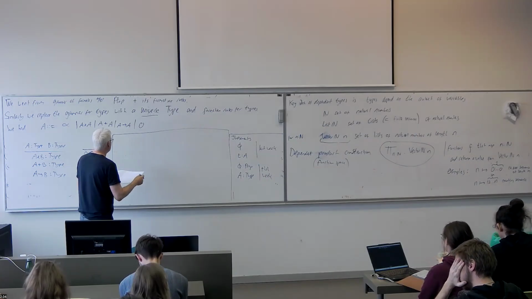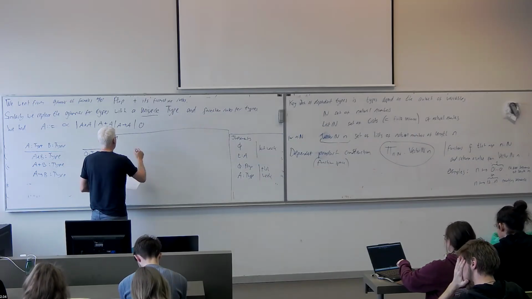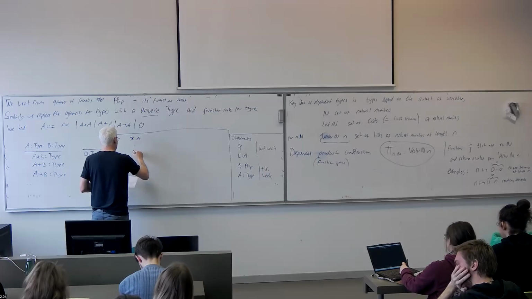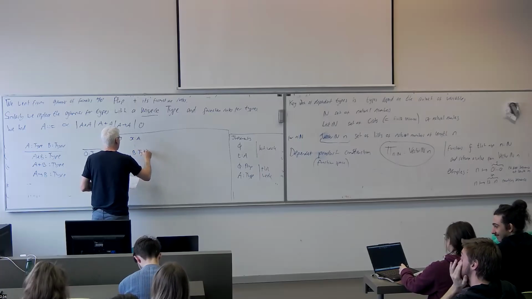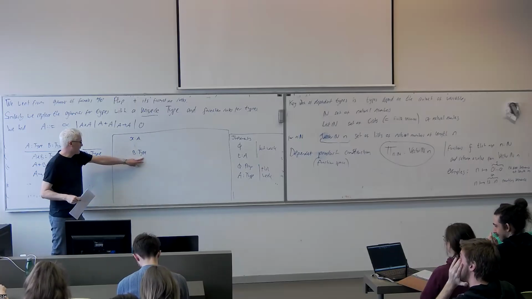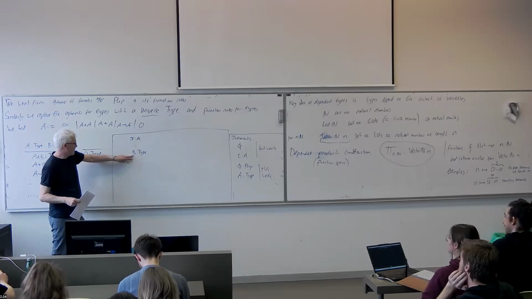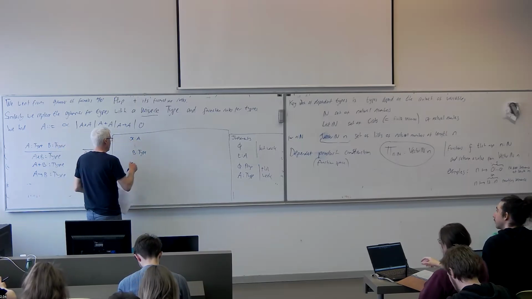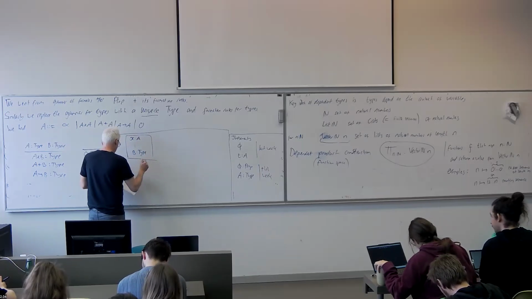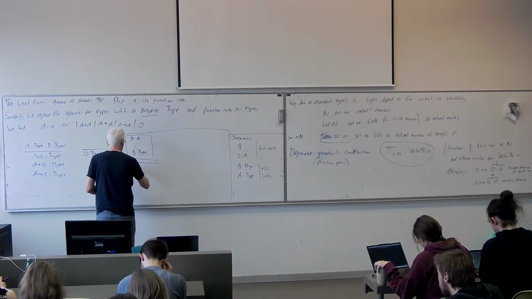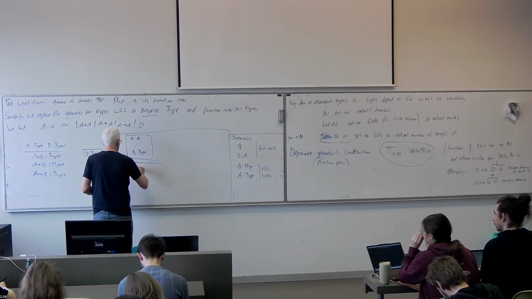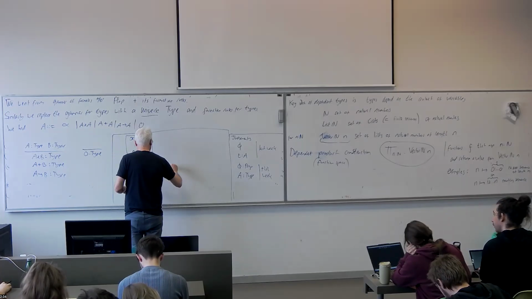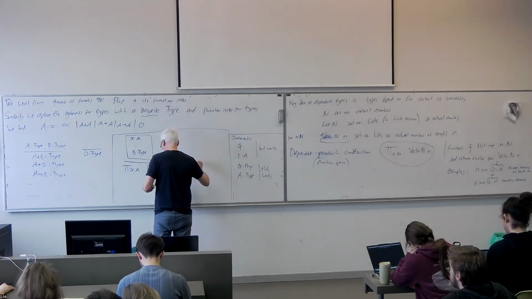The formation rule is this: if we can construct an expression for a type where that type may contain a variable x of type A, then we can form the dependent product type. So this is a legitimate type. This is the pi formation.